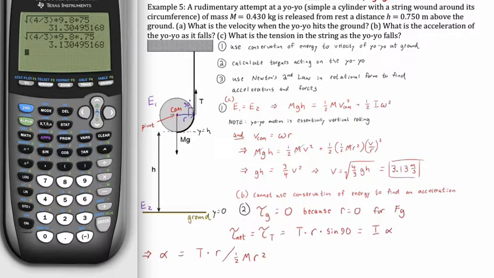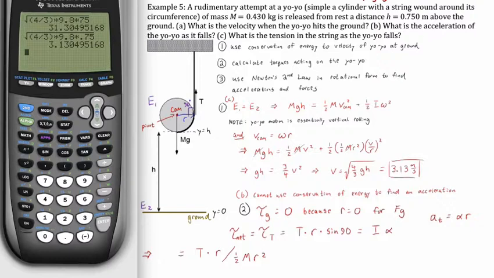But we were not asked for the angular acceleration, we were asked for a, okay? And so what we want is the relationship between acceleration and alpha. So a tangential of the center of mass is going to equal alpha r. It's the only acceleration because there is no radial acceleration for the center of mass. Then we know that alpha is a over r.